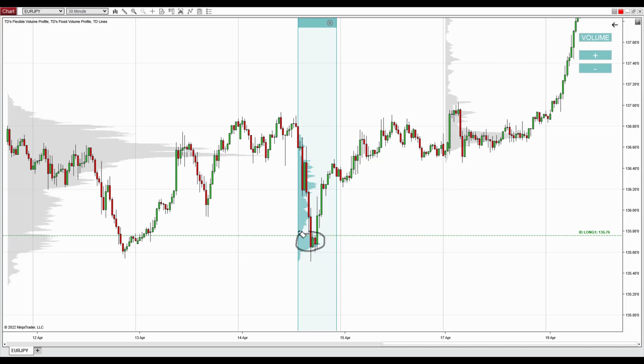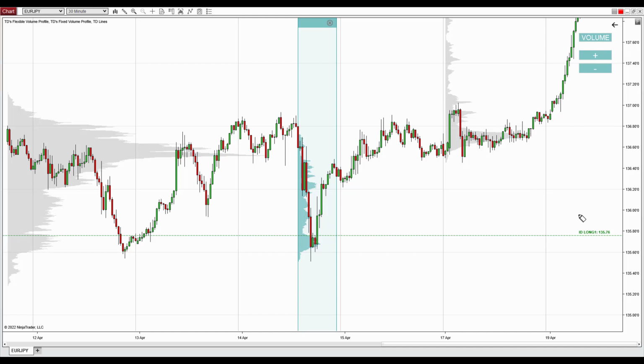This is the place where most of the trading activity took place before the price reversed. So this place is important, and it should work as a strong support, because buyers who were rejecting the lower prices here in the first place should defend this place again in the future, especially those volumes, those trades which they placed there.